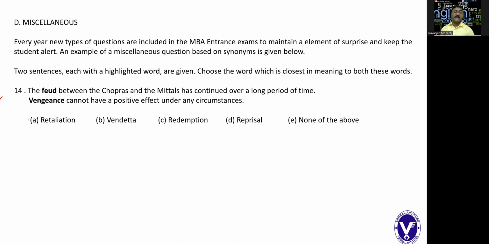To retaliate, somebody has done something and I retaliate. I take revenge. So then there's an action and then reaction. So that is retaliate. Vendetta is to take out anger or to fight with somebody to take out a violent form of revenge. That is vendetta.